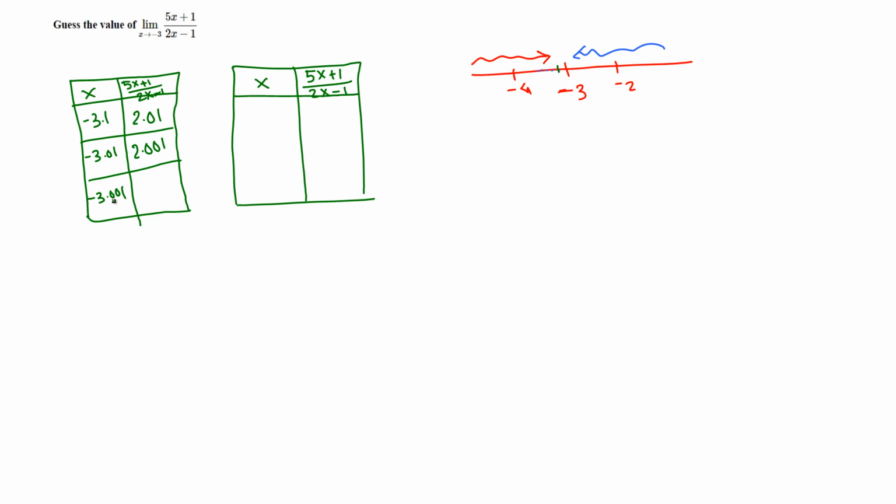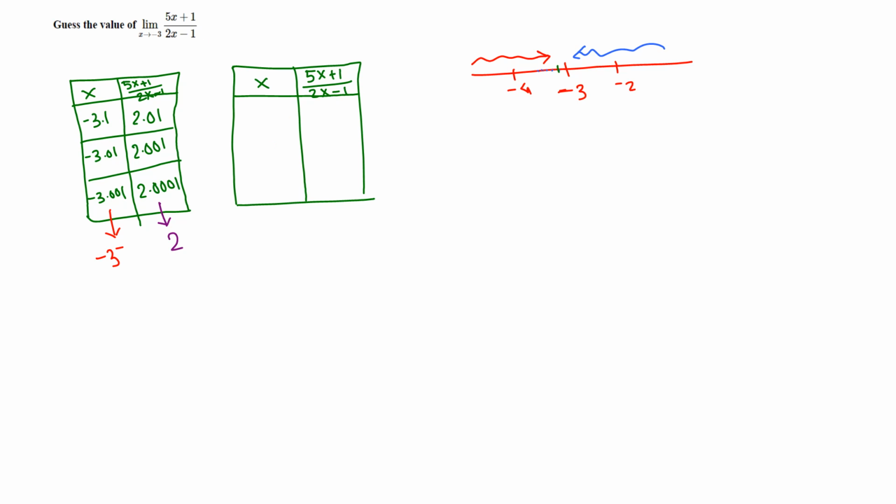Plug in -3.001 into this function, then you get 2.0001. We designed the x values so that x approaches -3 from the left, and we found that these function values are approaching 2. So the left-hand limit of this function is 2.